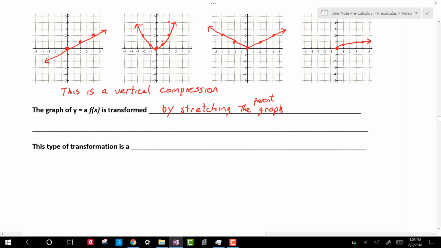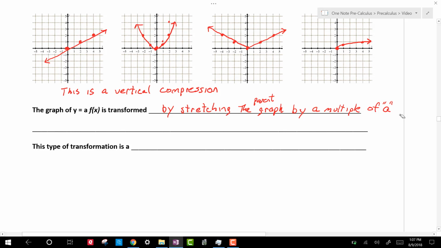By stretching the parent graph by a multiple of a. Okay, when I say a, I'm talking about that a that's out in front, a times f of x. Okay?